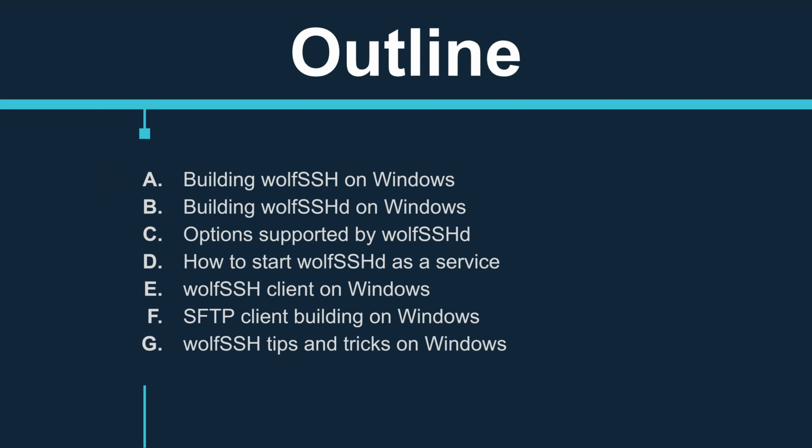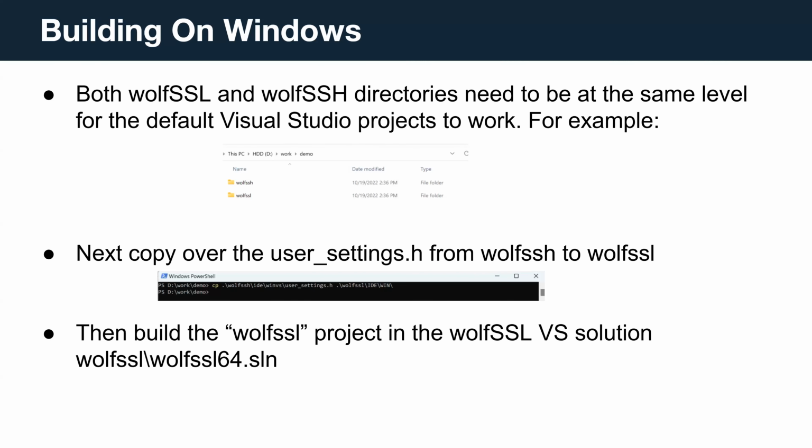So to begin with, building wolfSSH on Windows, first you need to have wolfSSL. This is to build and use wolfCrypt for the crypto operations of wolfSSH. And then also, obviously, the wolfSSH bundle.